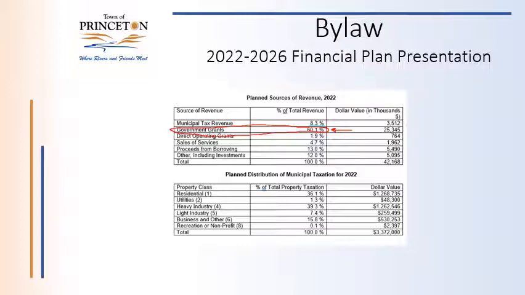Planned distribution of municipal taxation is here. Basically it states by percentage and by dollar value what each property class contributes to municipal taxation annually. These tend to stay consistent from year to year. We do monitor the percentage so that no one class is heavily weighted over any other class.